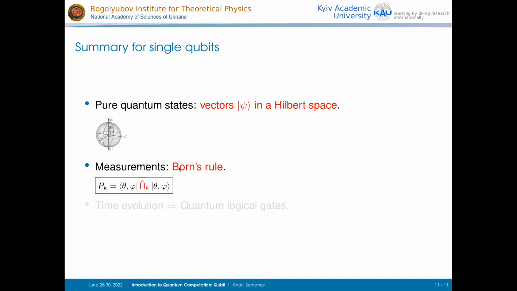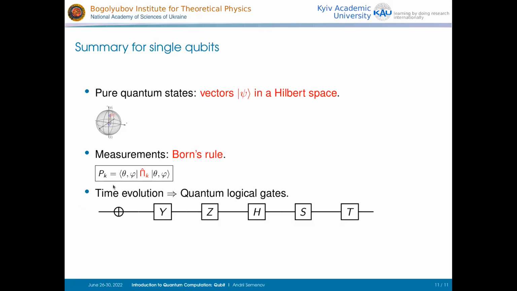Measurements in quantum mechanics are given by Born's rule, which looks like this. This is also a fundamental issue. And time evolution, that is, quantum logical gates. You can consider how it is implemented with the Schrödinger equation, but this I only gave you as an example.